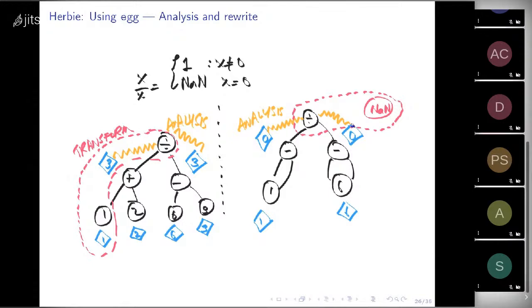And the interesting thing about the egg paper, which I'm not really going to go into here, is that they provide a way for you to write these sorts of rewrites where you not only blindly rewrite according to equalities, but your rewrites actually collect information as they rewrite things. So one of the things the paper provides is it lets you do both analysis and rewrite on the same data structure, which wasn't really available before.